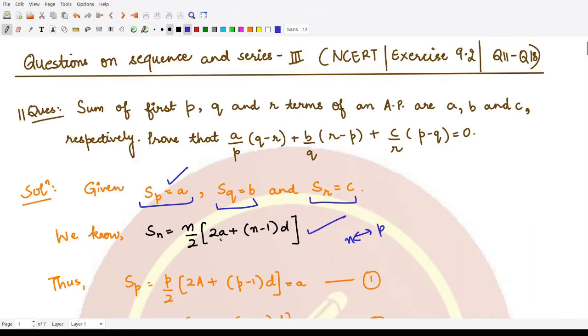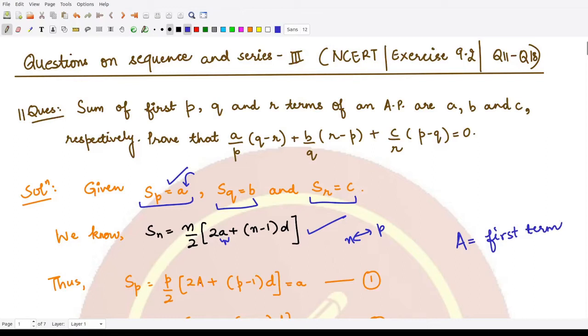Now here notice that this is your first term, and here the sum is given to be small a. So that means we cannot use small a here to represent our first term. So here capital A represents the first term of the given AP, right?